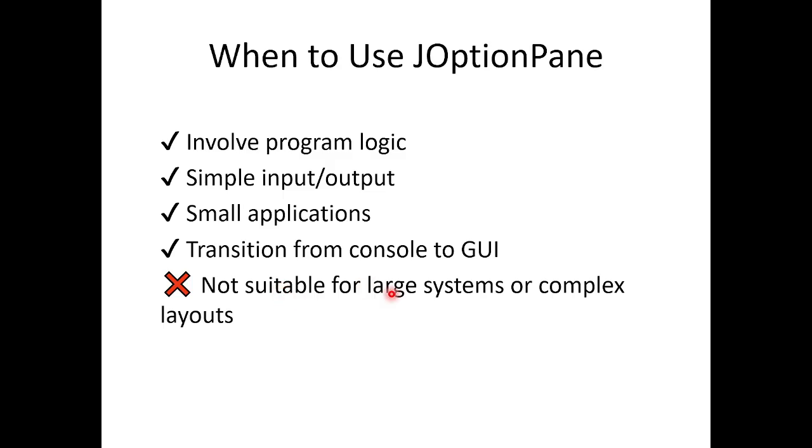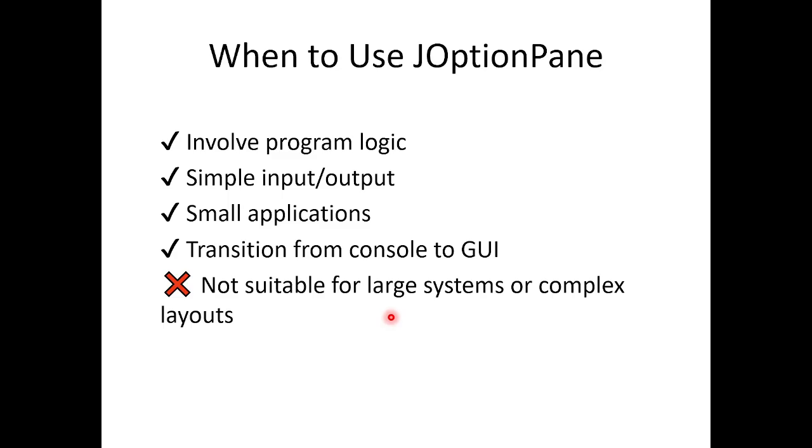Let's say you want to create a chatbot system, so you want to use Java based on JOptionPane, so it is not suitable. Because a chatbot has many functions, and you need to process in the chatbot to make sure that it links with your data backend, front end, and also the GUI.